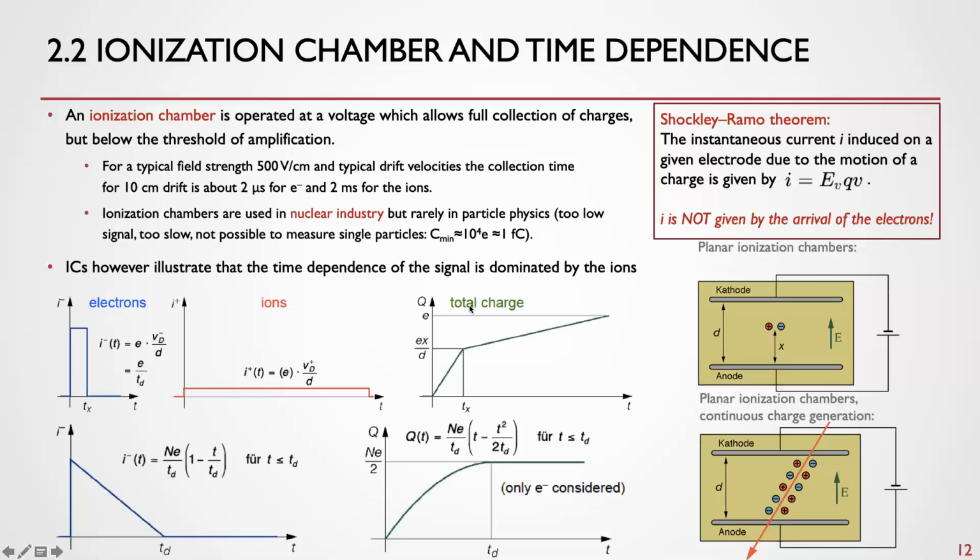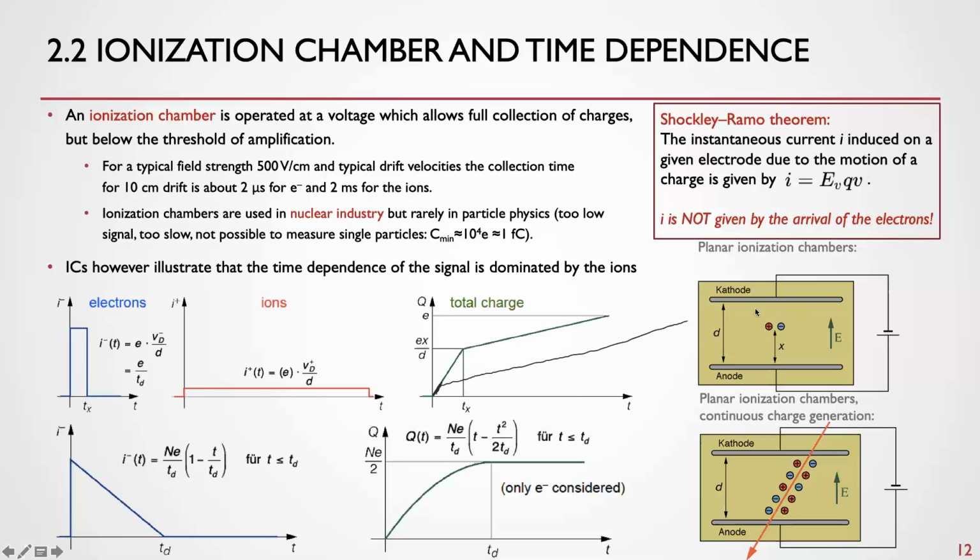Let me try to sketch this, because we're going to use it for the avalanche formation. If this distance x is small, if the ionization signal happens close to the anode, you're going to have a charge collection that extends very long in time.